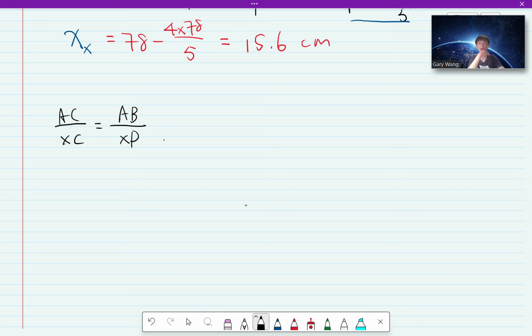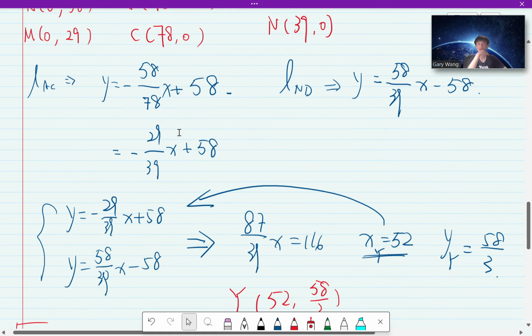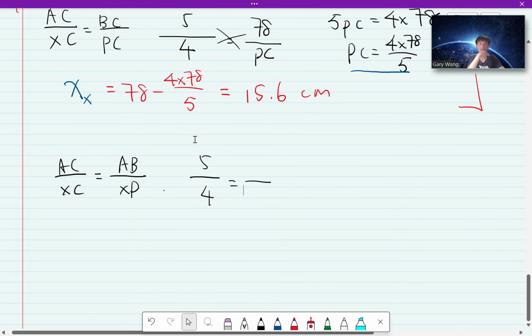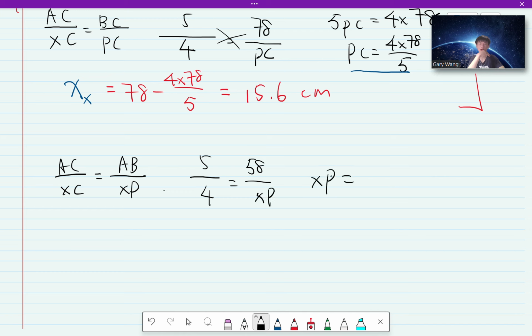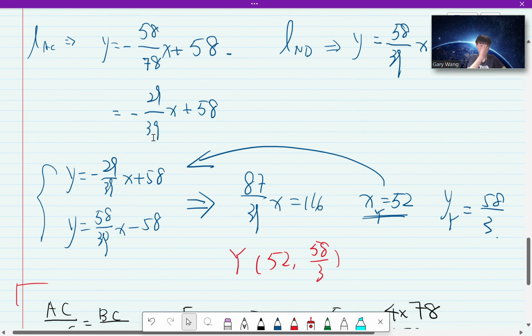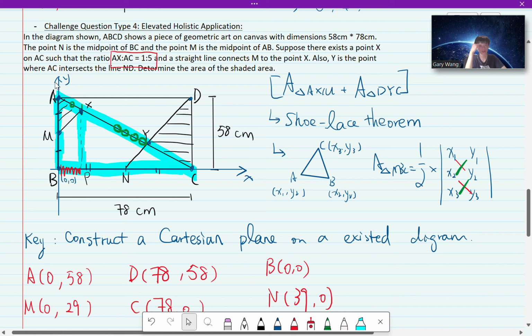AC over XC is still 5 over 4, but this time AB is 58, I remember, yes. And XP is the one we are looking for. So XP, after cross multiplication, would become 4 times 58 over 5. Is XP the y coordinate? Yes, because this part corresponds exactly to the y coordinate of X.